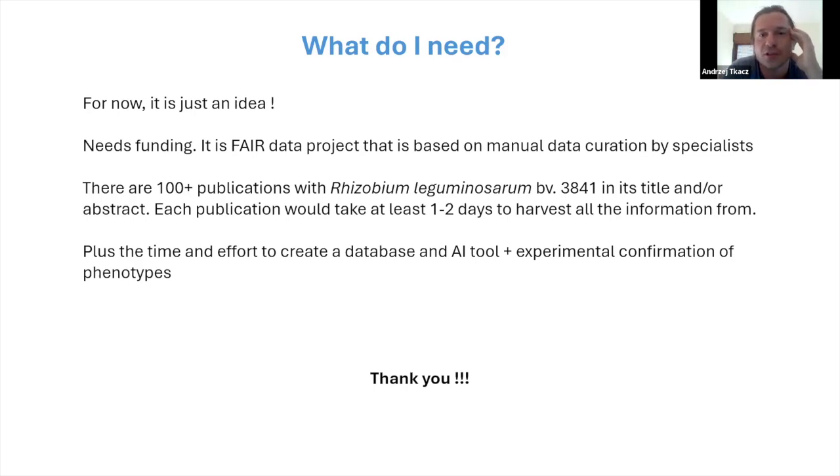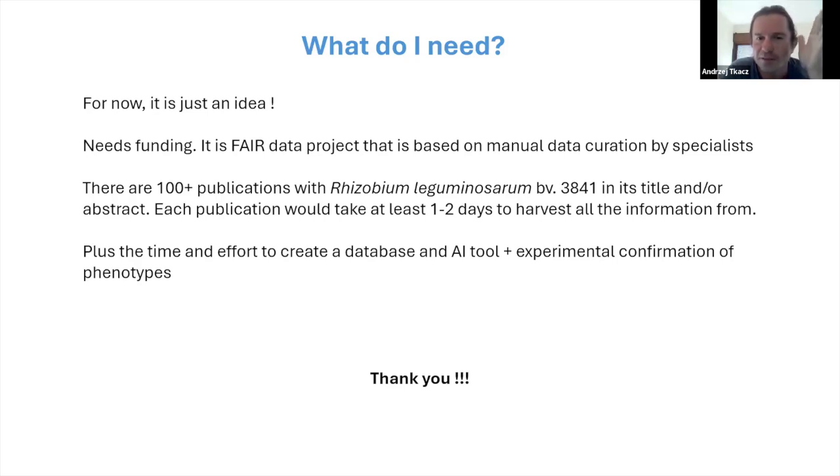It's a FAIR data project that is based on manual curation of a lot of data, which has to be done by specialists, not by undergrad students. What I've done: there are more than 100 publications with Rhizobium leguminosarum biovar viciae 3841 in the title and abstract in PubMed.